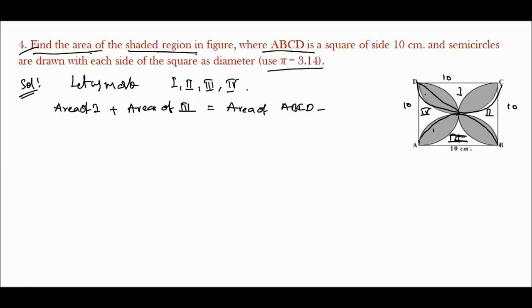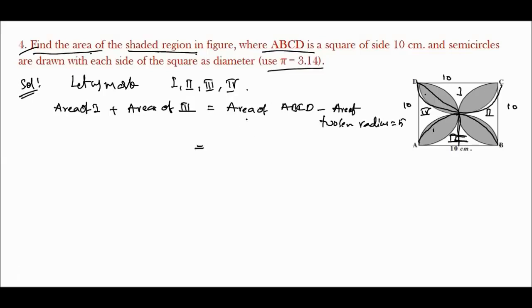This is radius 5, half of the side, because the total is 10 centimeters.